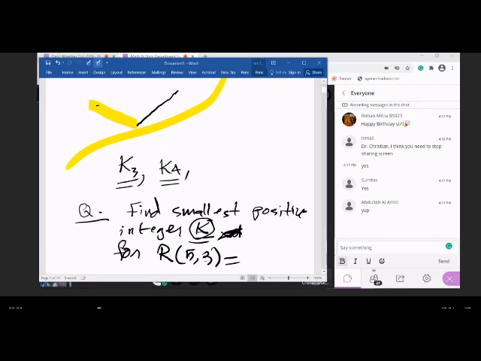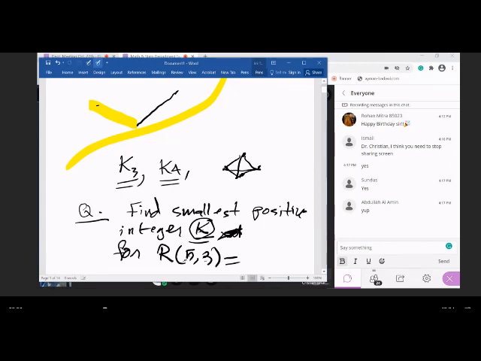I mean, random, like you're going to a gathering and you don't know who is there, but I want to guess a number k. What is the smallest positive integer k where I could have at least 5 persons who know each other, like this person knows this person, who knows this person, all of them, every 2 of them?